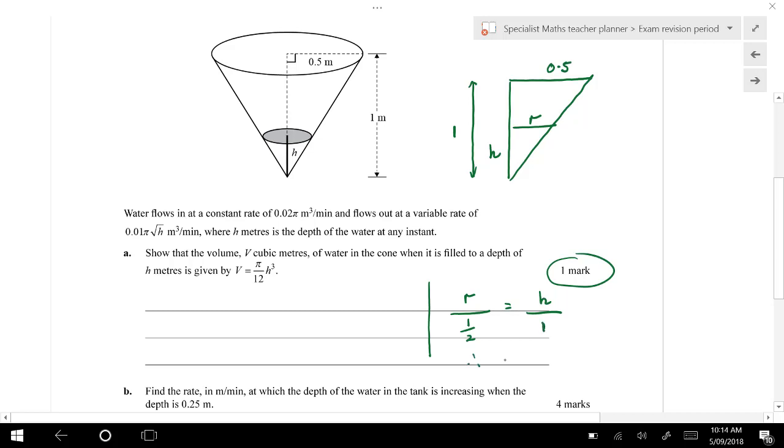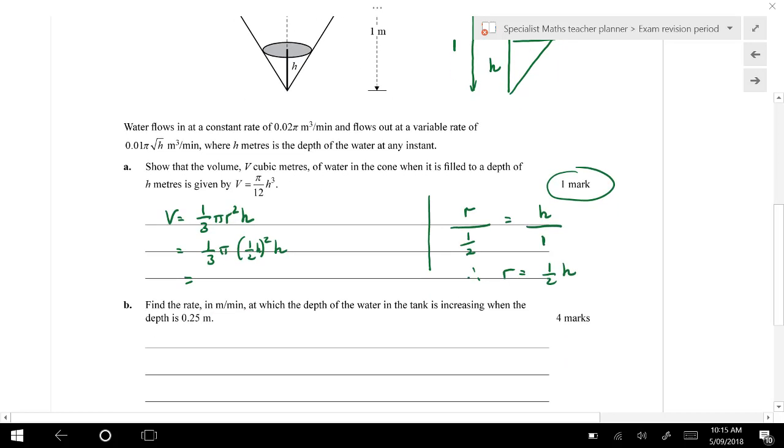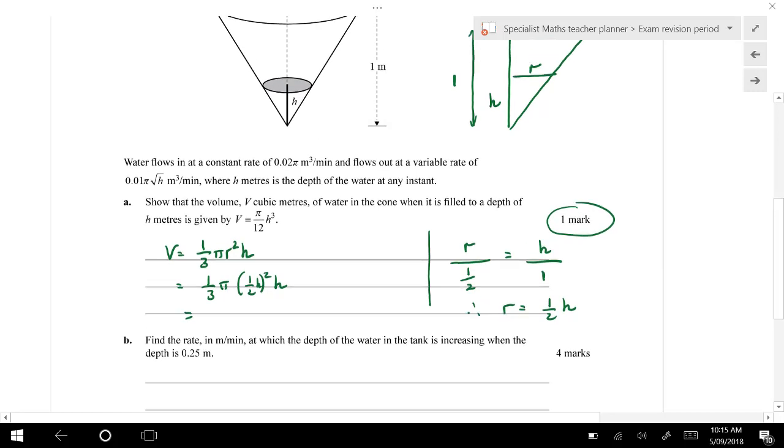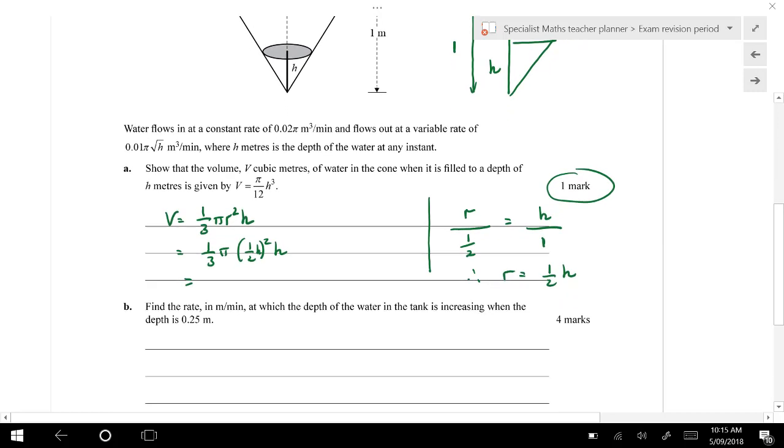So therefore, R is equal to a half H. And since the volume of a cone is a 1/3 pi R squared H, I'm going to replace R with a half H squared. Can you see there that the examiner can see where you got the R equals a half H from. You've drawn your little diagram, you found your ratio.